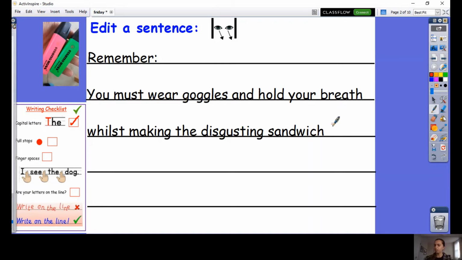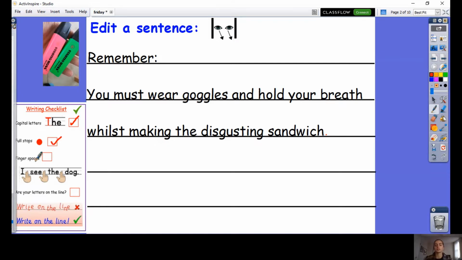Yeah, and there is no full stop after sandwich, so let's add in our full stop. Does my full stop look like this? No. Does my full stop look like this? No. When you have a full stop, can you make sure your full stop is just a dot at the end and it's on the line? We don't need to scribble when we do our full stops.